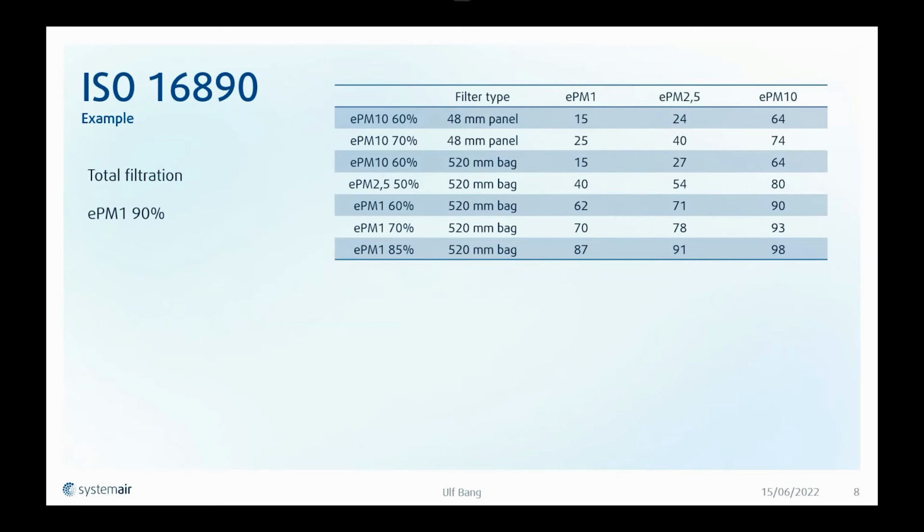But even though a filter is ePM10 70%, it still filters some of the PM1 particles. And in this case, you can see that we actually have an efficiency of 25% for PM1 particles, even though it's a PM10 filter.